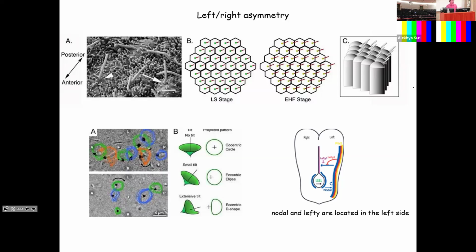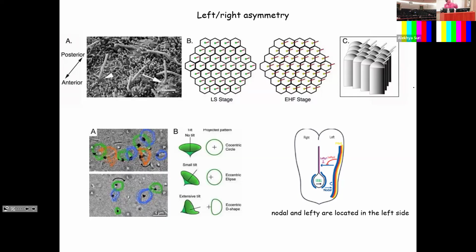Okay, so what happens, and this is the work of a very important scientist who looked at the Hensen's node very carefully and noticed that it had little hairs called cilia at the top of a cell, all right? And these cilia, for the most part, were tilted, and they rotated during development.